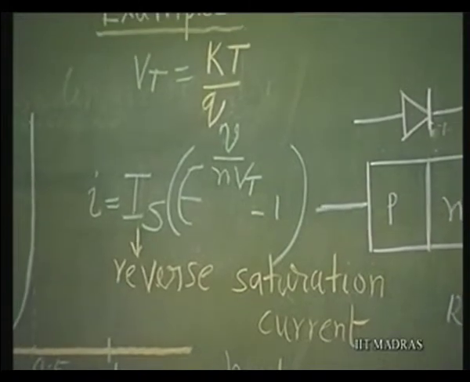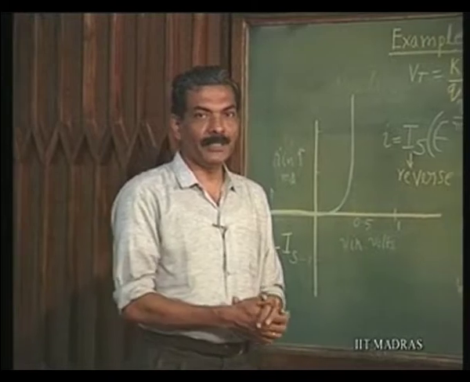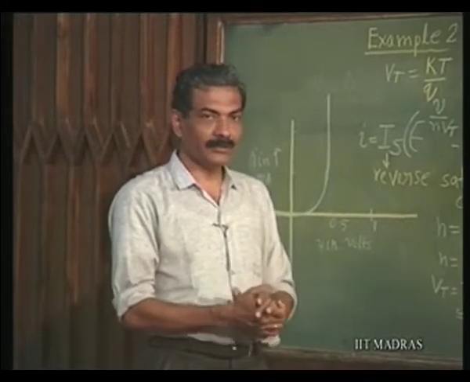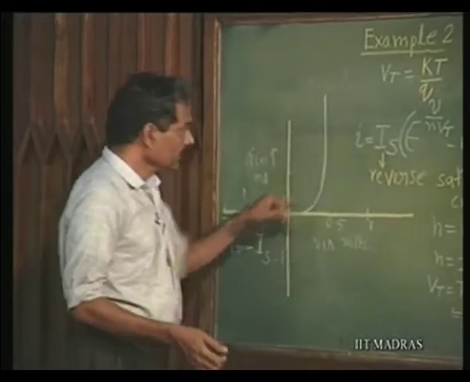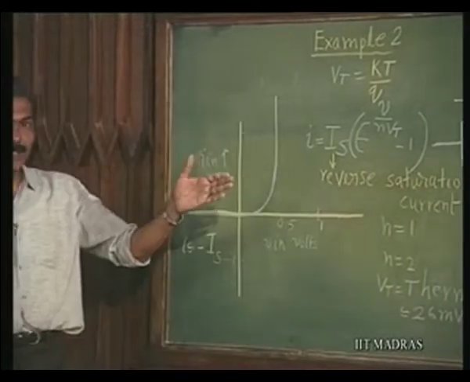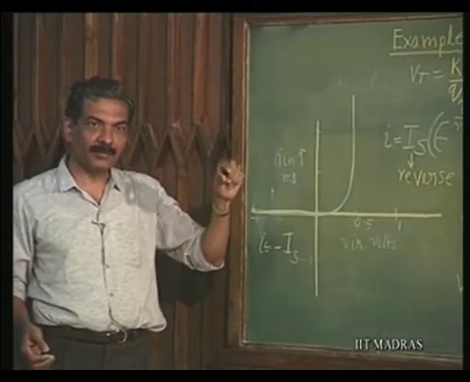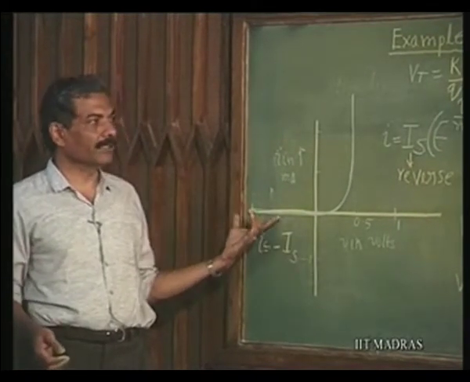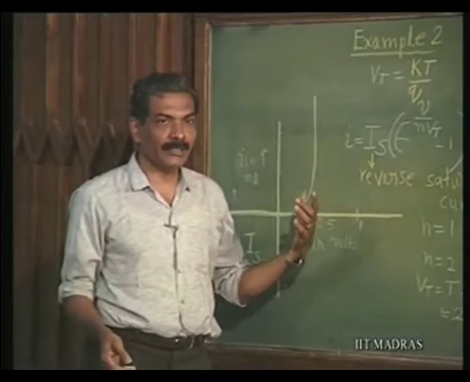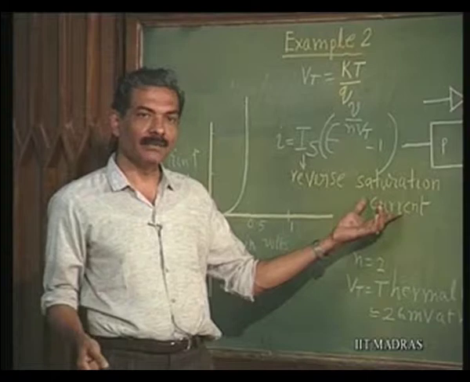It is the property of the material. This is going to be of the order of nanoamperes for normal diodes, and therefore, this is called reverse saturation current. That is the current at which the current through the diode will saturate to a small value if it is reverse biased. That means it is not blocking current totally, it is permitting a small value of current to still flow.